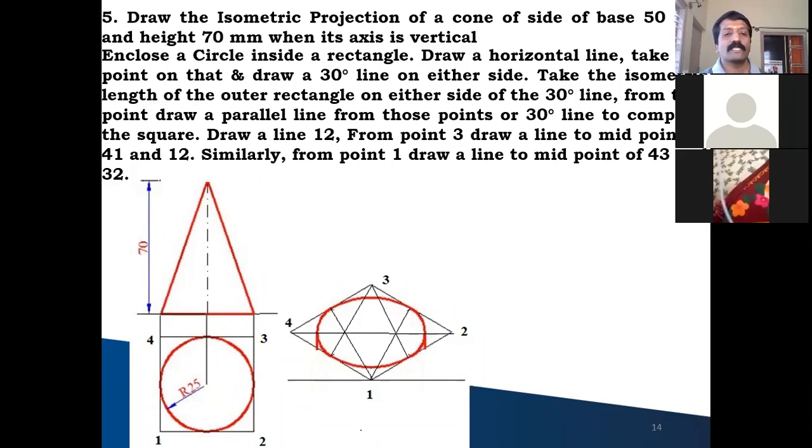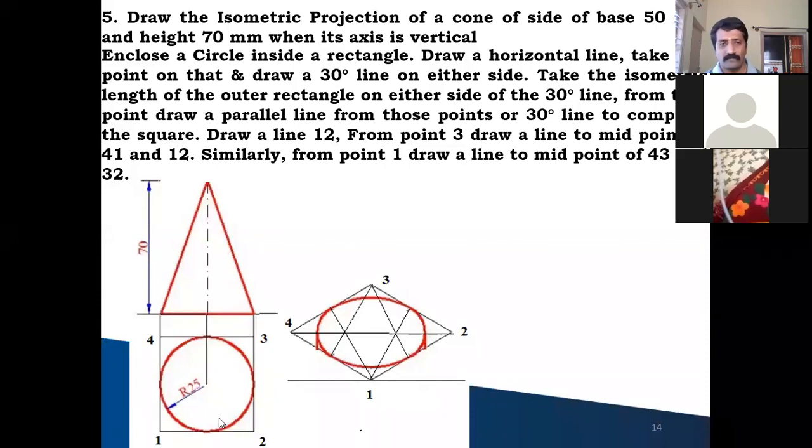Next, first I will draw the isometric projection for the base of the cone. So draw the horizontal projector like this. Take any one point; I am taking my point as 1. Now you draw 30-degree lines on either side for some length.